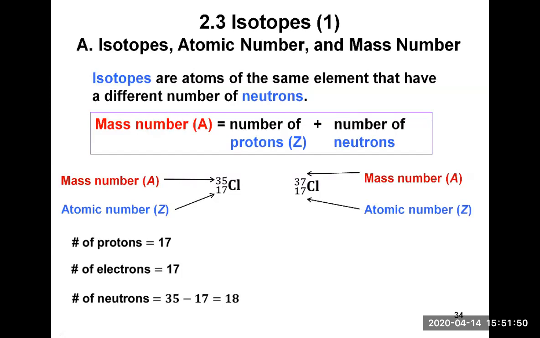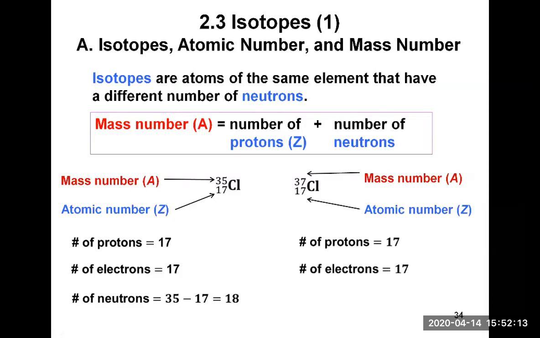Chlorine is also found as the isotope 37, chlorine-37. And the way to represent it would be with this chlorine symbol, 37 on the upper left corner, 17 on the lower left corner. The number of protons is the same because it's chlorine.